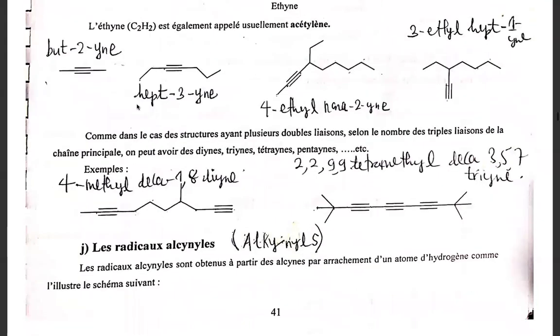So it is la chaîne principale, la position de la double liaison ou bien triple liaison, et la terminaison ou bien les suffix. So that is the nomenclature for this one. So it's going to be hep, hep, 3, ein.